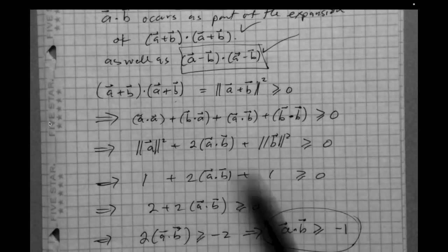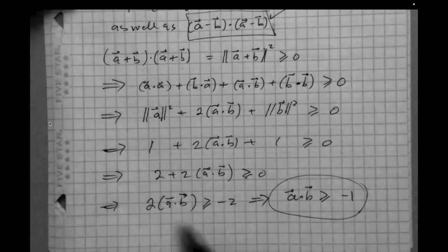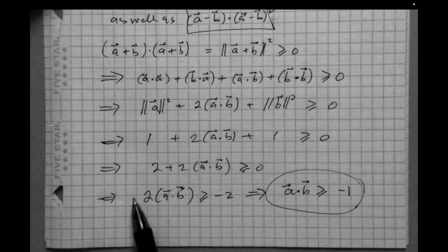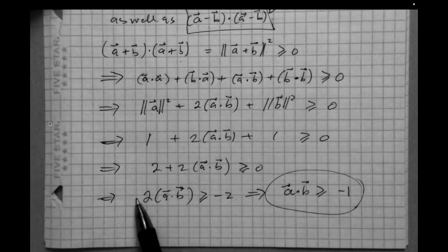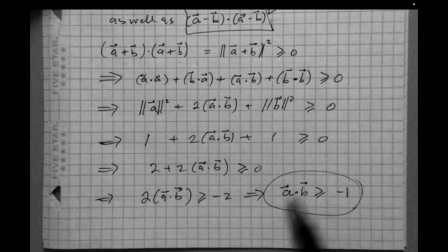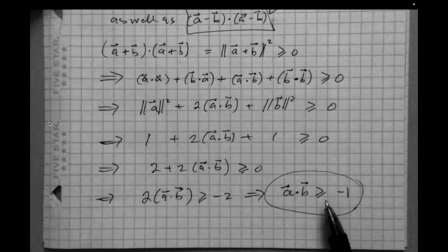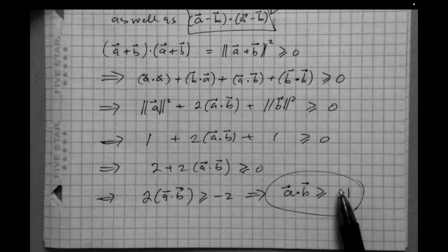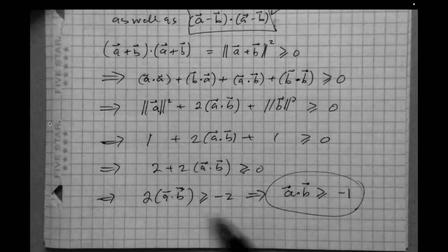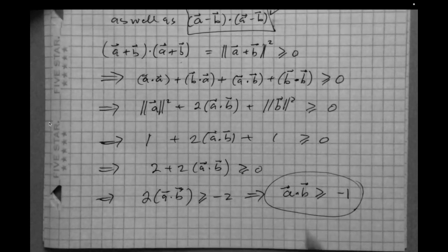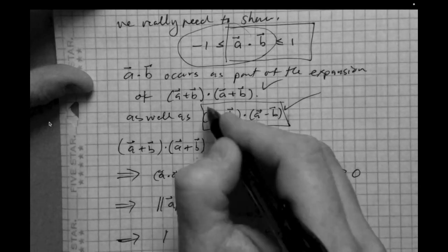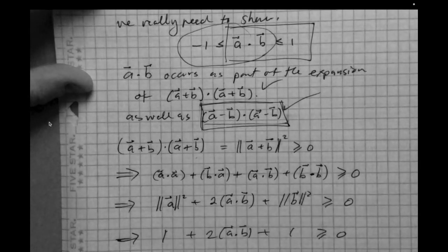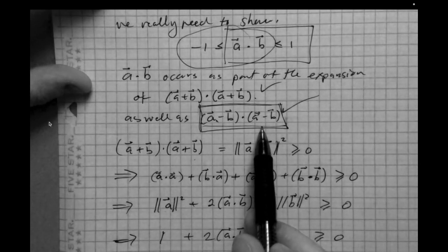Then you consolidate and do your work, and when you get down to the bottom here, you're going to end up having a negative right here, I believe. And when you divide by the negative, you flip the inequality, and you end up getting a dot b is less than or equal to 1, right? So bottom line is it basically runs the exact same way, except it starts from this vantage point.